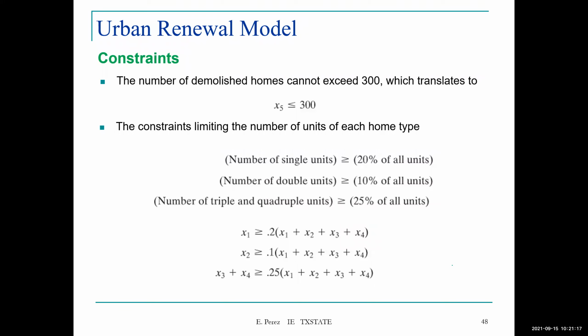So X1 has to be at least 20% of the summation of all new homes that you're going to build. X2 has to be at least 10% of all the homes that you're going to build. And the summation of these two has to be at least 0.25 of the total of the homes that you're going to build.